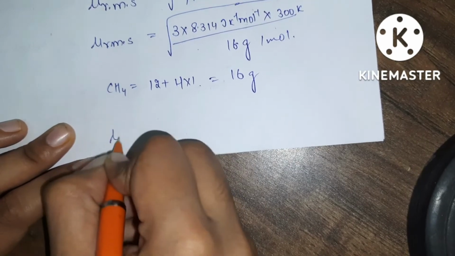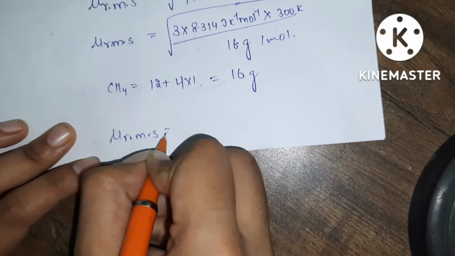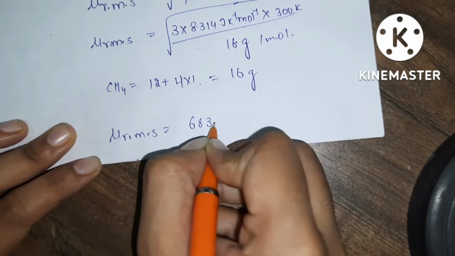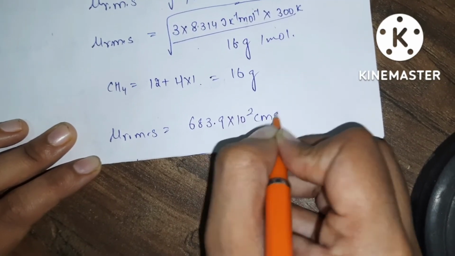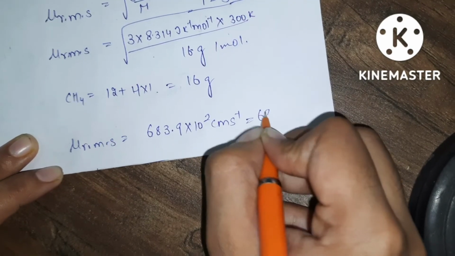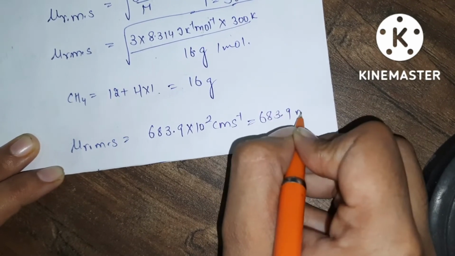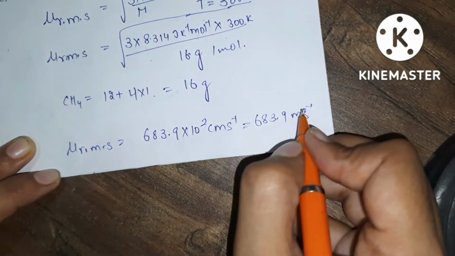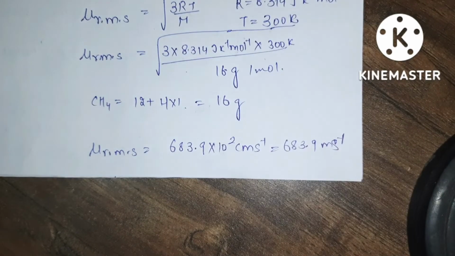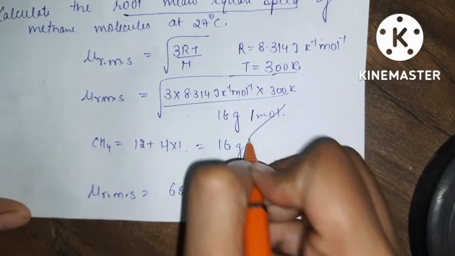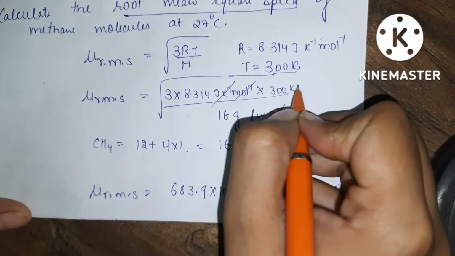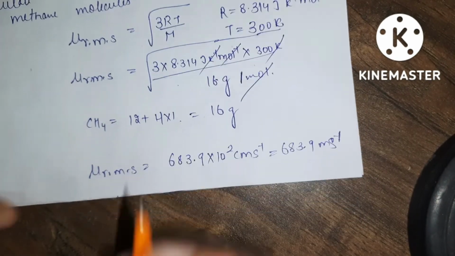After calculating, URMS comes out to be 683.9 into 10 raised to power 2 centimeter per second, and 683.9 meter per second. Now, what I have done here: I told you this is gram per mole, per mole cancels, Kelvin cancels.